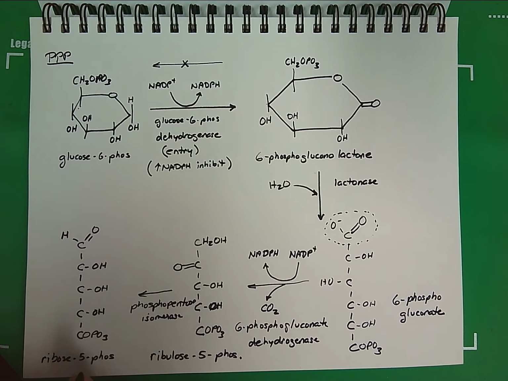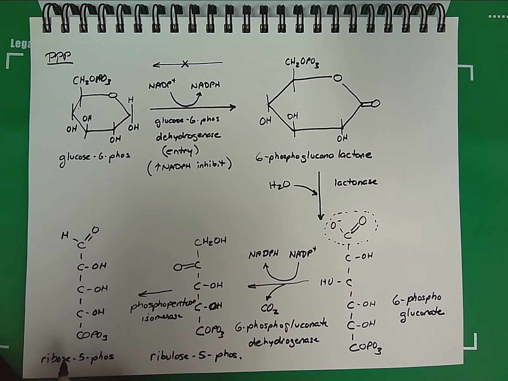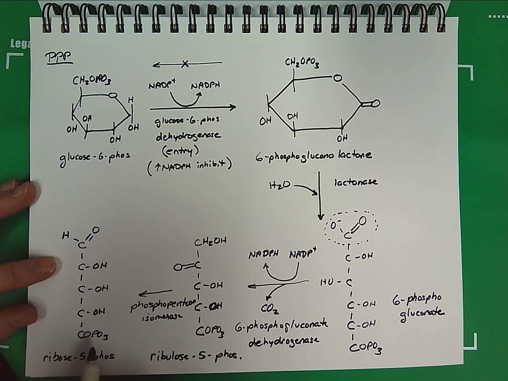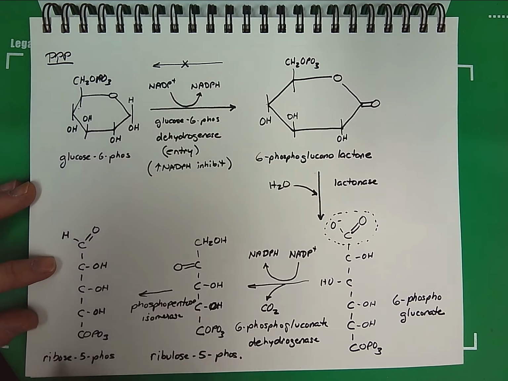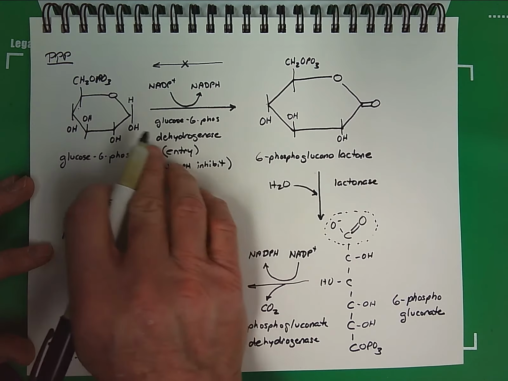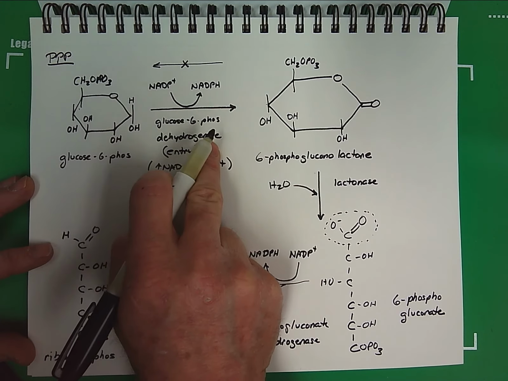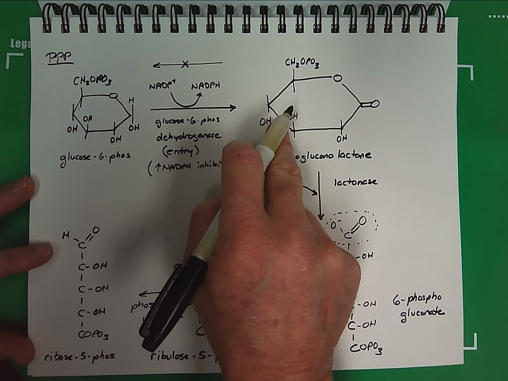Now, one more note is that the cell is not going to want to waste energy, as we have seen repeatedly before. So the case occurs, what if we need NADPH, but we do not need ribose 5-phosphate? The problem with this is that once we enter the pentose phosphate pathway by proceeding through glucose 6-phosphate dehydrogenase, this is irreversible.